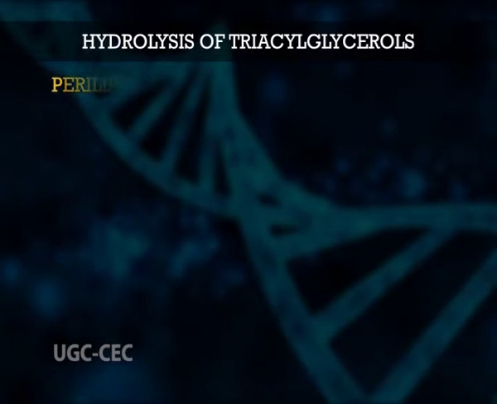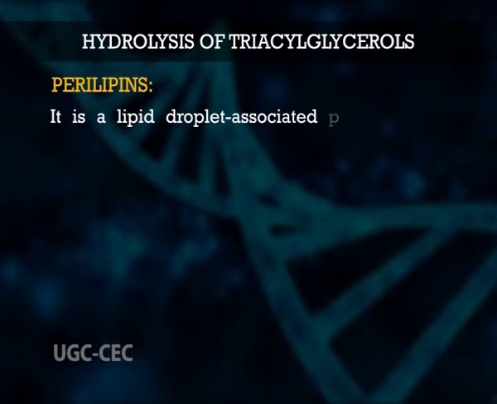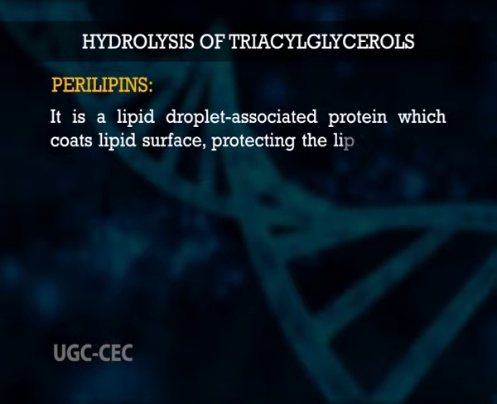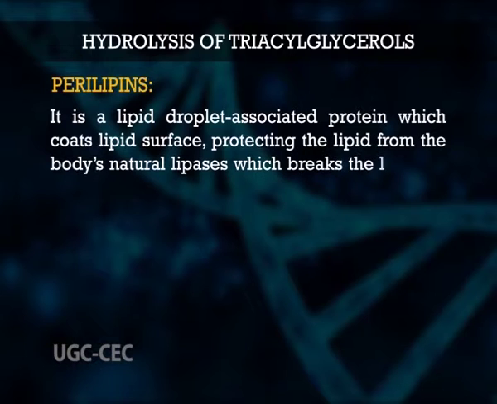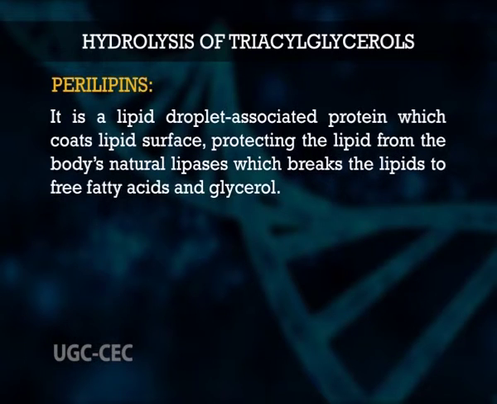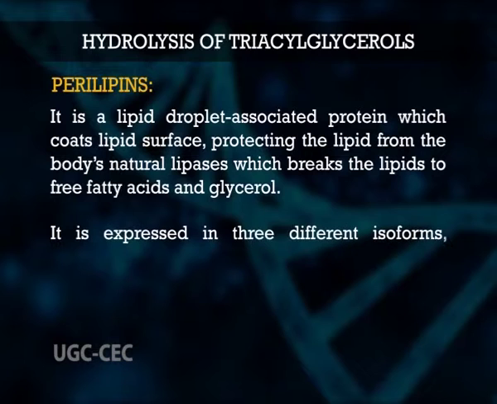So some terms to be familiarized before coming to hydrolysis are listed below. First, the perilipins. It is a lipid droplet associated protein which coats the lipid surface, protecting the lipid from the body's natural lipases, which break the lipids to free fatty acids and glycerol. It is expressed in 3 different forms or isoforms as we know.